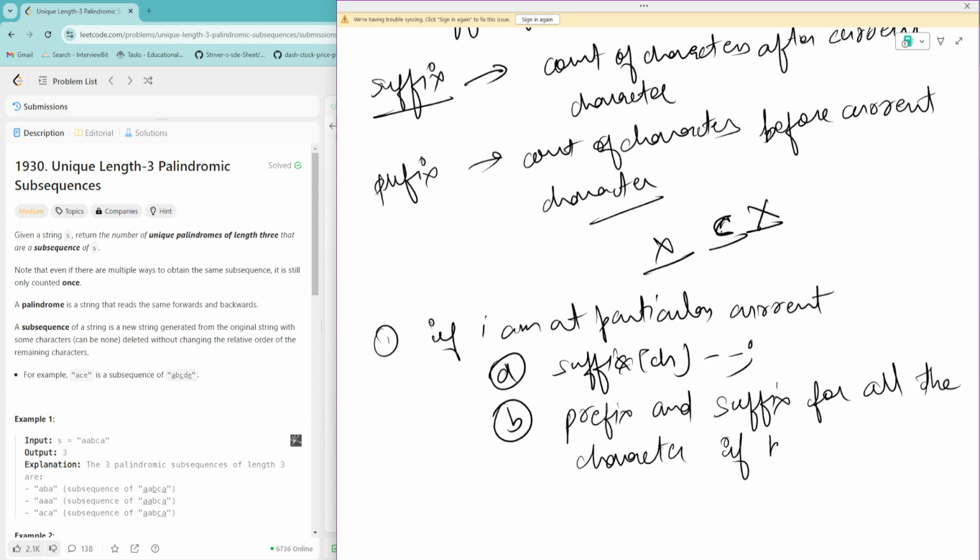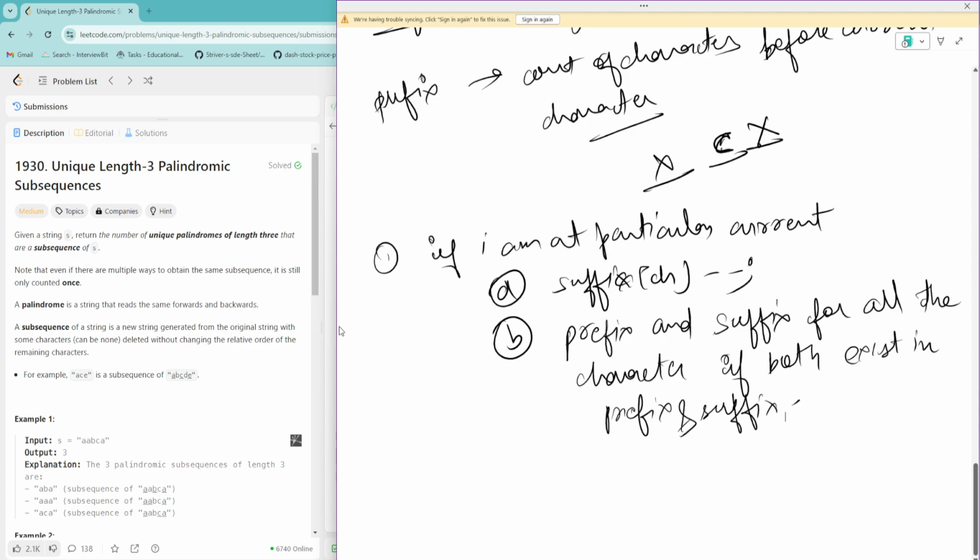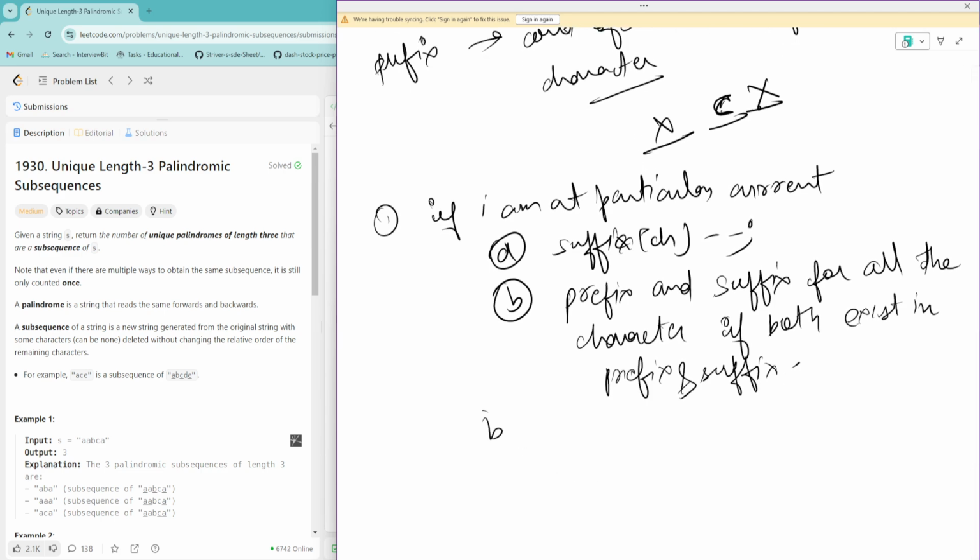If it exists in both prefix and suffix, then we have found our subsequence. After that, we would put the subsequence in the set.